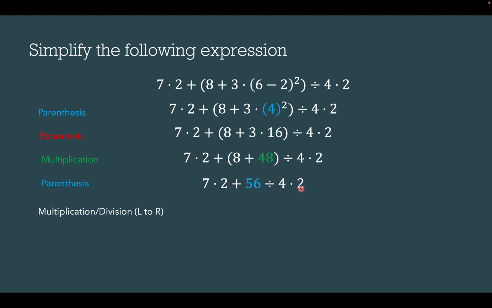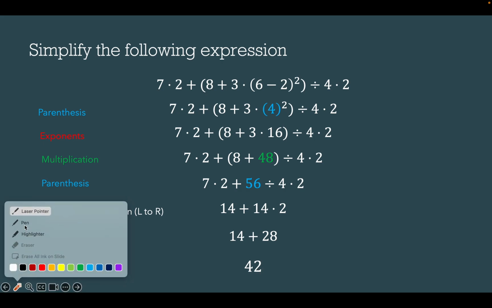And after that, we'll multiply it by 2. So 7 times 2, 14. 56 divided by 4, 14. Now we can multiply the 14 times 2. Gives us 28. We do our final operation of adding, and we get a solution of 42.